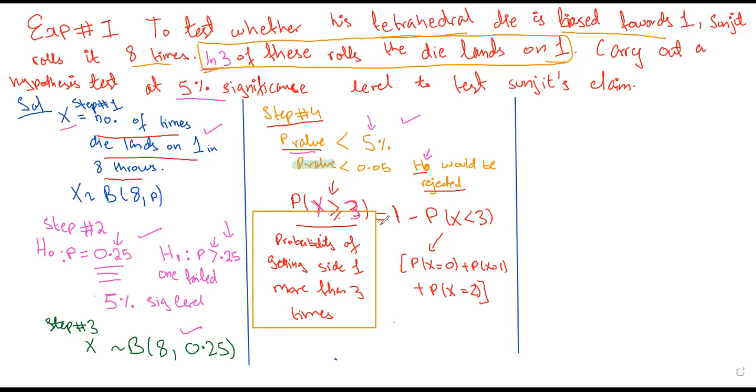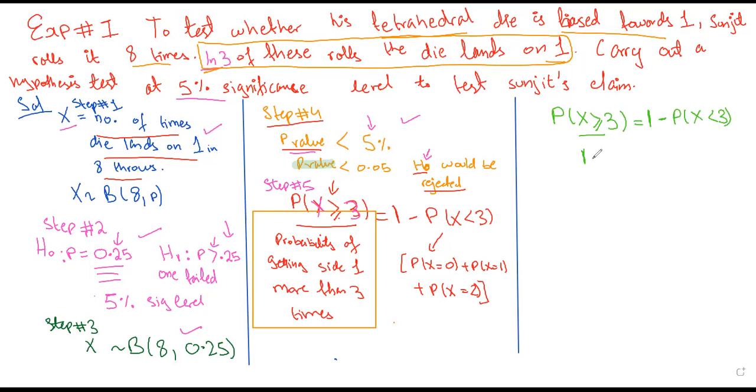Okay, now what is the next step? The step is to find the p value, right? So we are on step number 5, where we are trying to find the p value. The p value is to be calculated this way, which we cannot find directly, so we do it for 1 minus P(X less than 3).